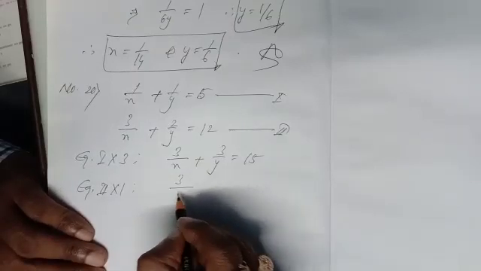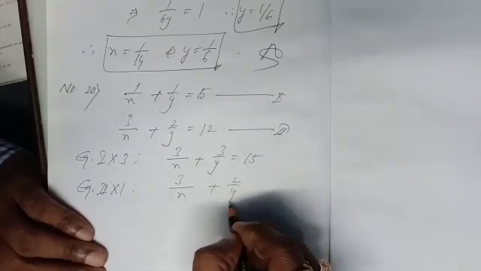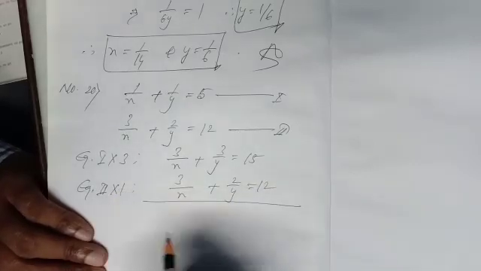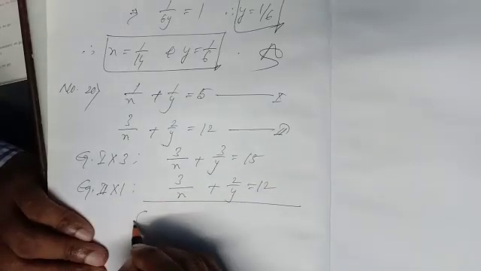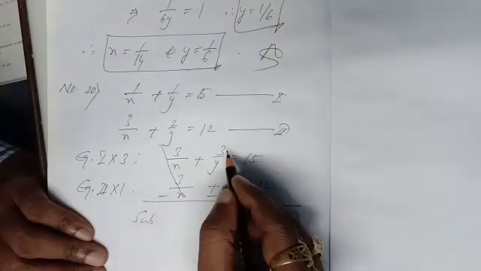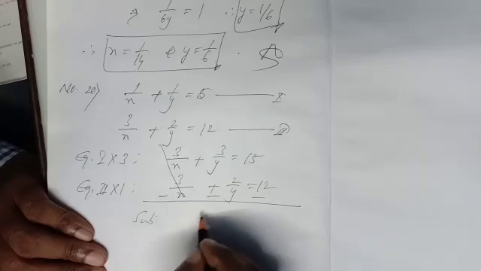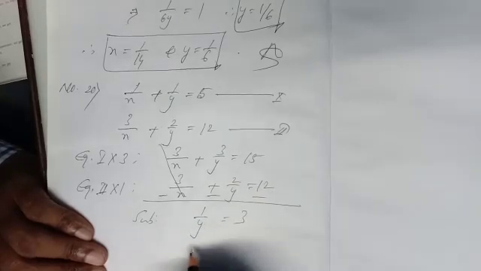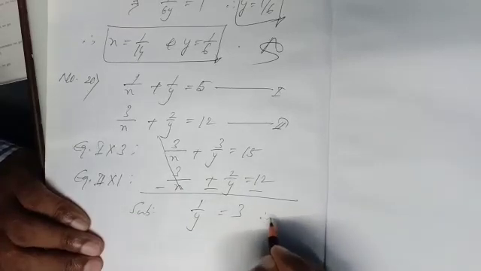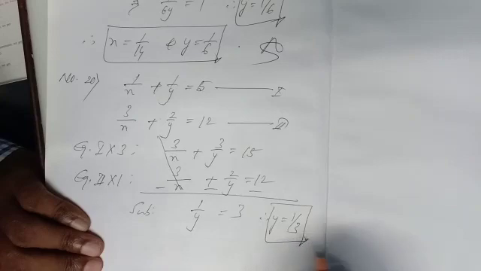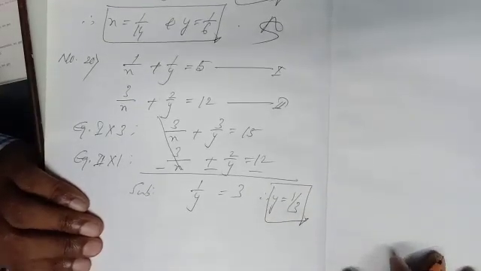Then this will be 3 by x plus 2 by y, equal to 12, no change because you are multiplying by 1. Now you have to subtract. The sign will change here. 3 by x cancels. 3 by y minus 2 by y is 1 by y, and 15 minus 12 is 3. So finally y is equal to 1 by 3.